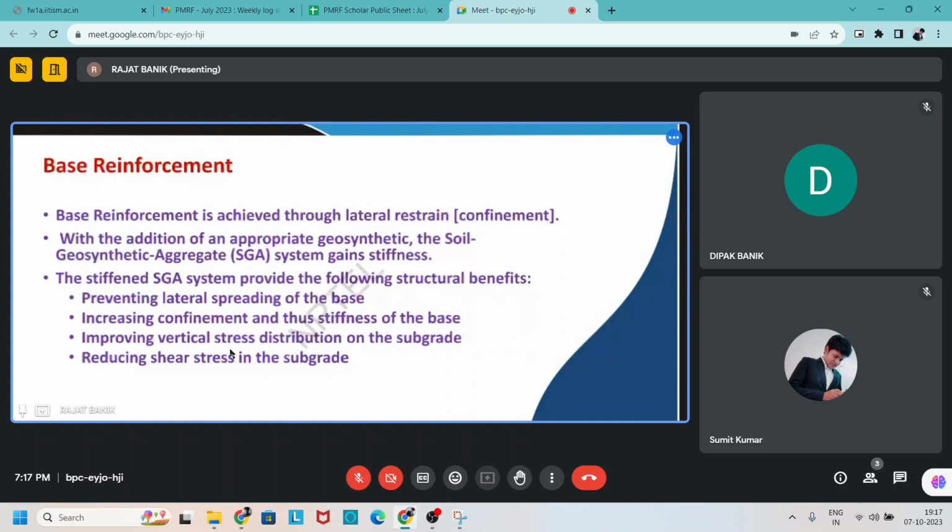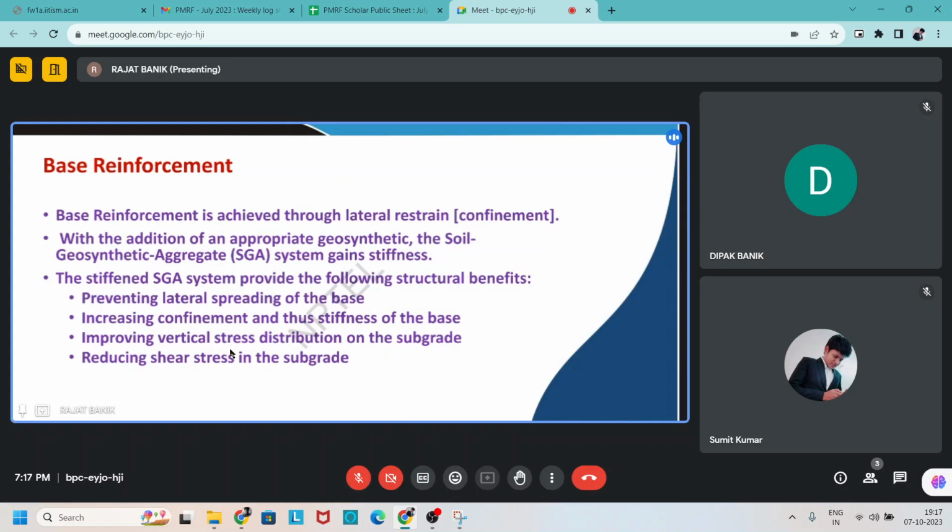So base reinforcement is achieved through lateral restraint. That means we laterally confine the base material, then the strength of the base is increased.